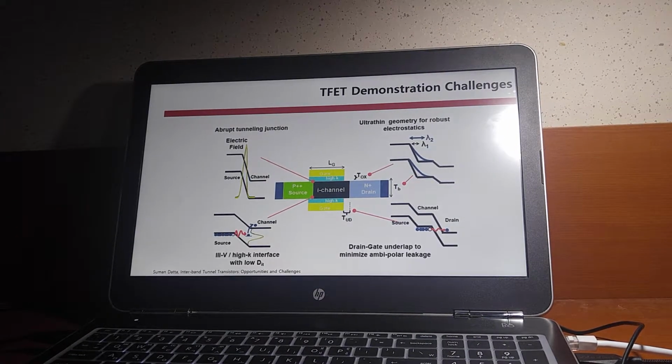And for this page, we talk about TFET demonstration challenges. To tell the result first, we use high-K material for the TFET. But there are also disadvantages of high-K material. It is really hard to use because of the thermal budget and the defect issue.